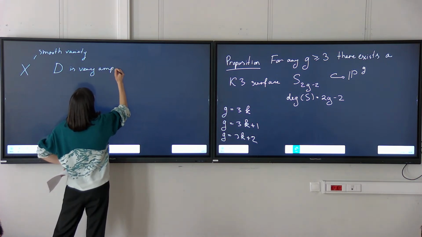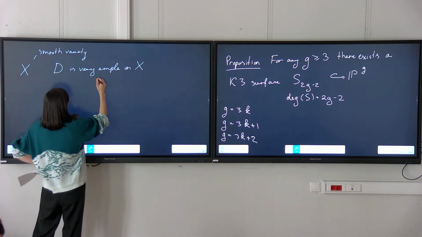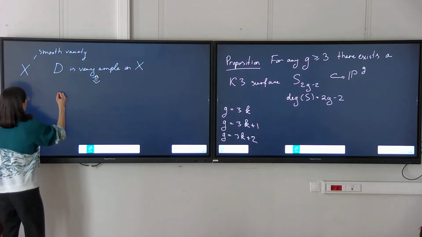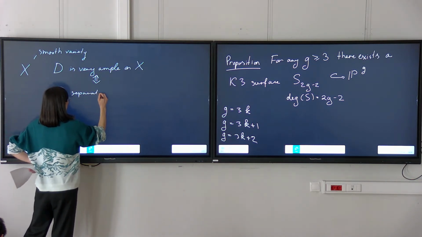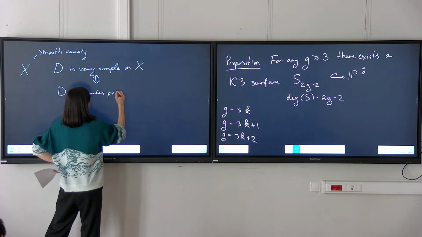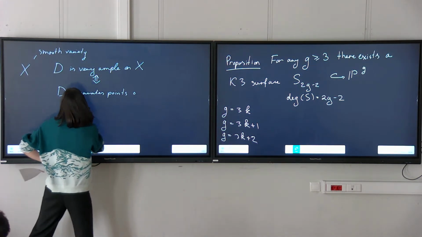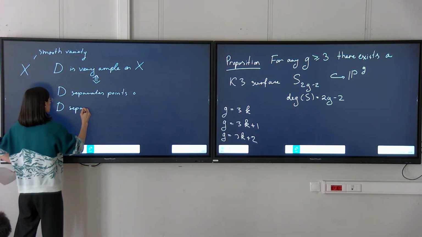This is if and only if it separates points and separates tangent vectors.